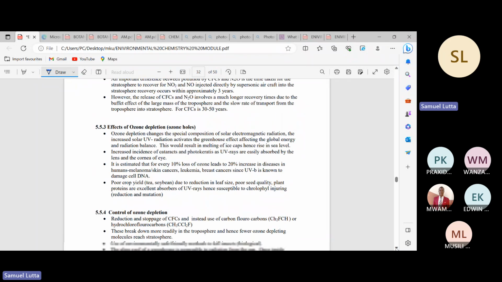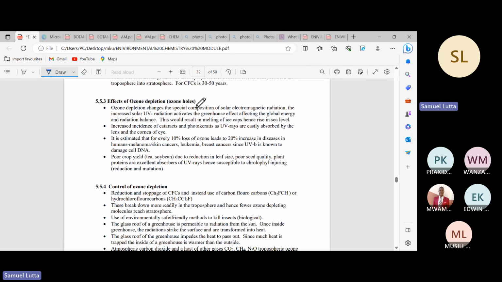So the question could be, what are the effects of creating the ozone holes? I think we have just tried to mention one of them, that when you create those holes, then there are those harmful radiations that can come into contact with human beings and other creatures.